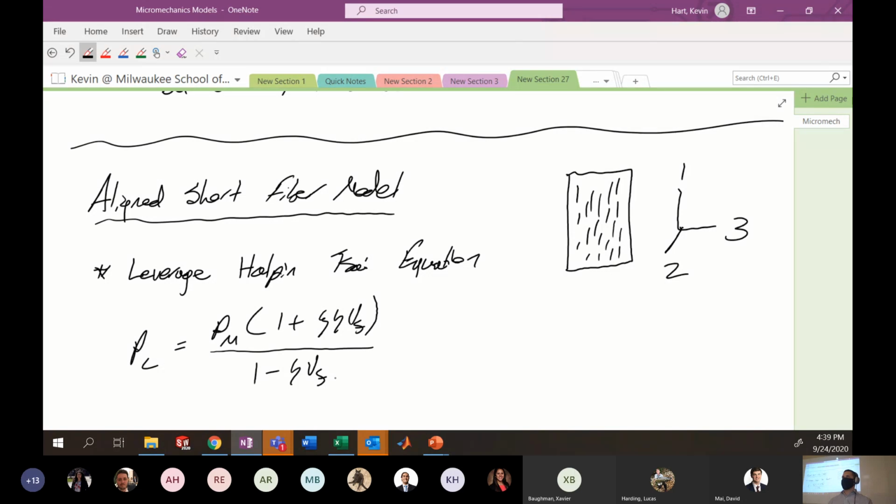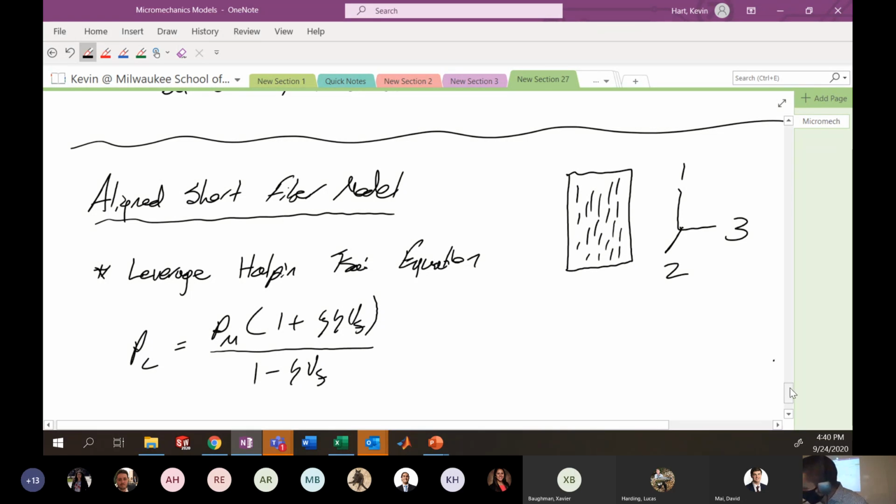Okay? Now, we're aligned, and we want to pick a xi value that is at least representative of, or has some relation to, the aspect ratio. And we would like the aspect ratio, when it approaches infinity, to be representative of the parallel model for E1 and the series model for E2.